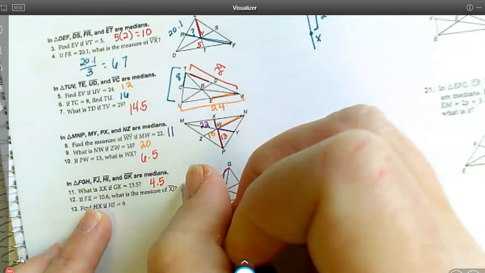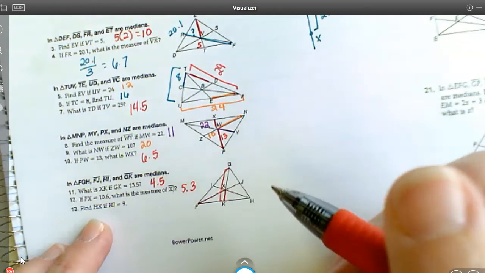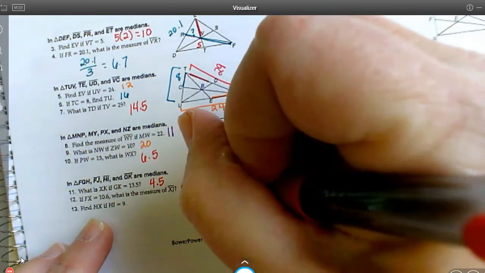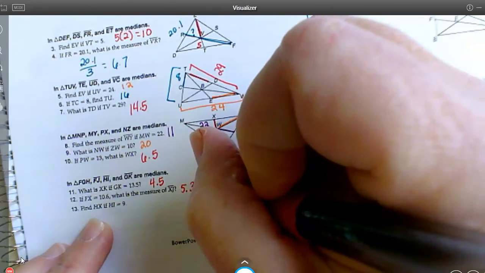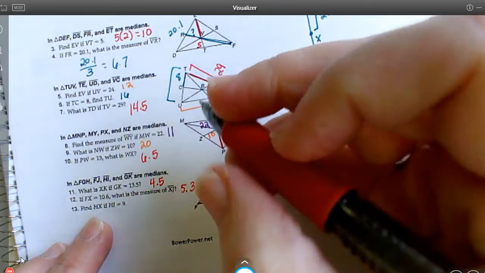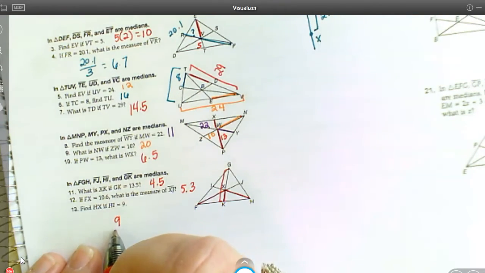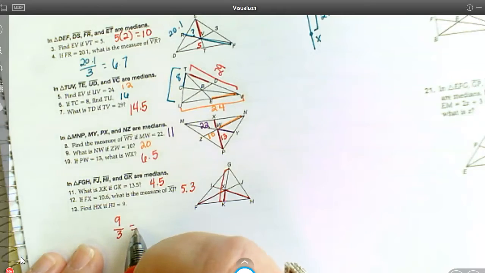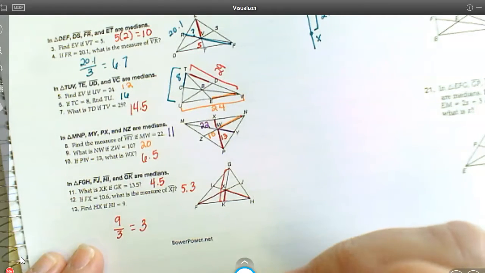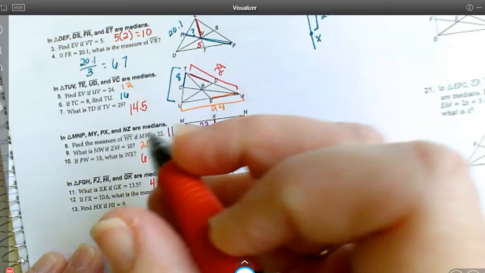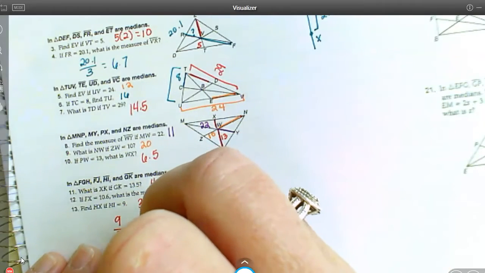Divide by 2. So 5.3. And then it says HX if HI, so the whole thing is 9. What do I do there? Divide by 3 to get each part, but that's not the answer because that's just this part down here, and then I need to multiply that by 2 to find what it's asking.